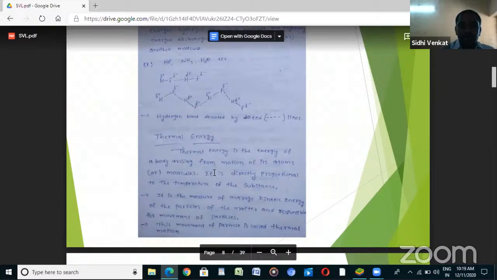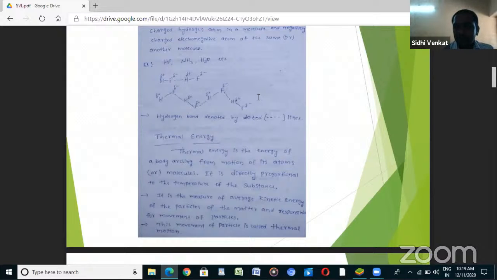It is directly proportional to the temperature of the substance. Thermal energy is directly proportional to the temperature of the substance. It is nothing but the average kinetic energy. We know, students, kinetic energy KE is directly proportional to its temperature.